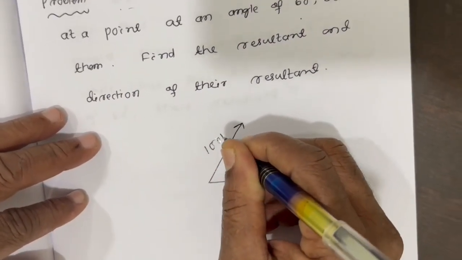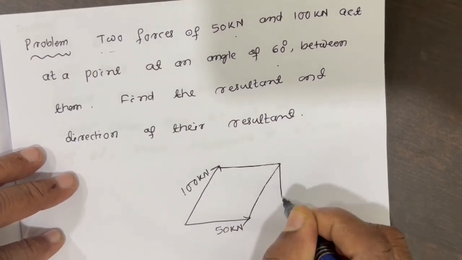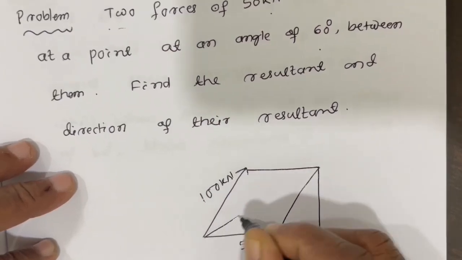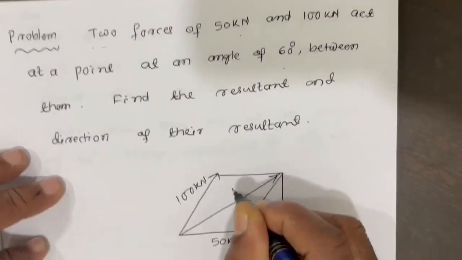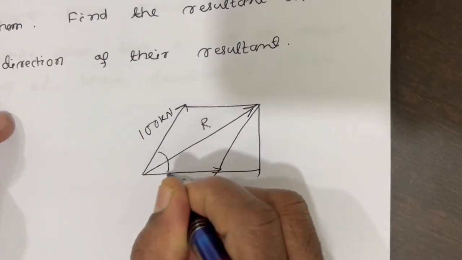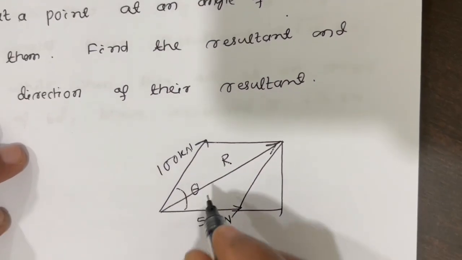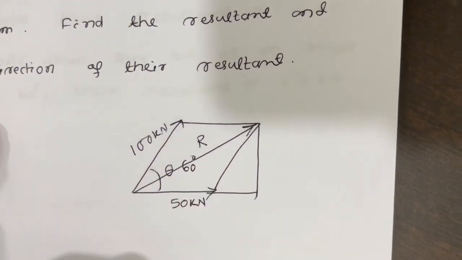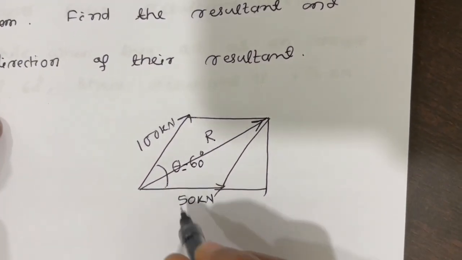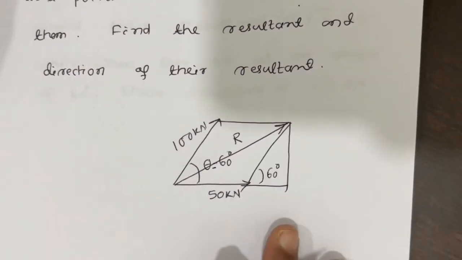This is 100 kN. This is the resultant force. Here, the angle between 50 and 100 kN is 60 degree, that is theta is equal to 60 degree.